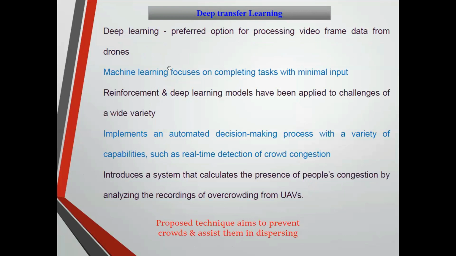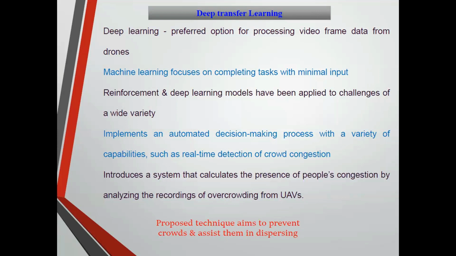Next, deep learning is the preferred option for processing the video film data from the drones, because we are extracting the data from drone-enabled UAV systems. That means this acts as a source. We are extracting the data from the drone UAV system, and this data we are processing through transfer learning schemes.